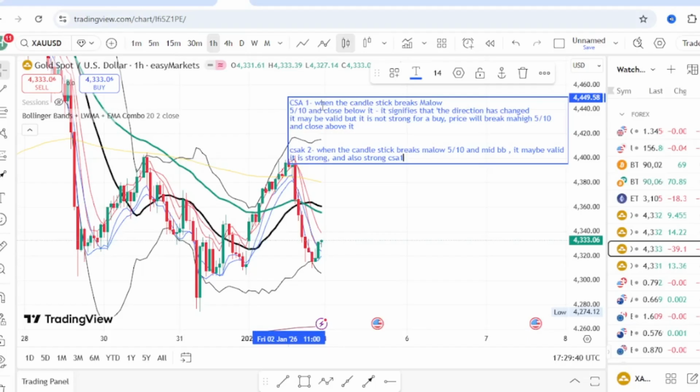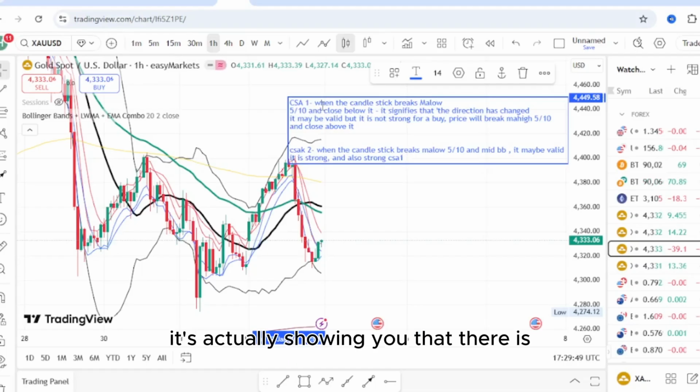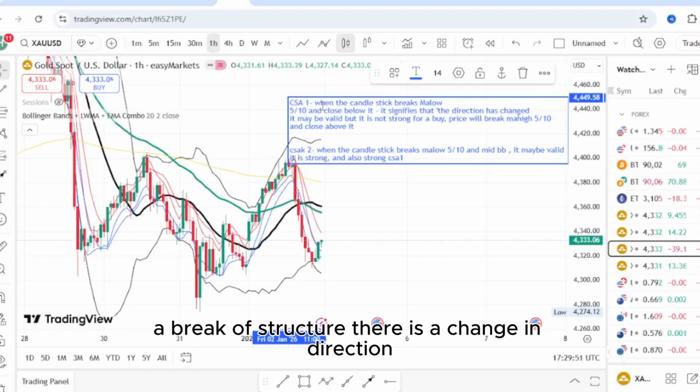So when this happens, it's showing you that there is a break of structure, a change in direction. This happens for a sell.